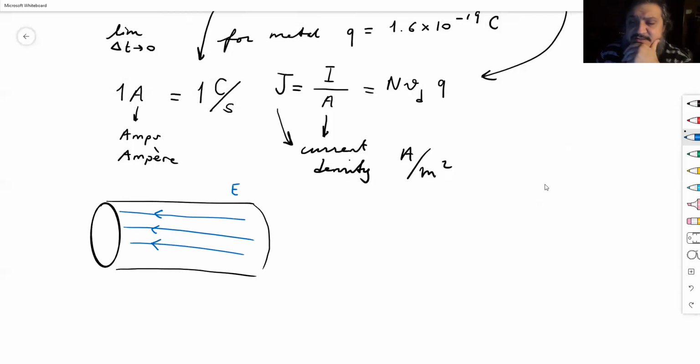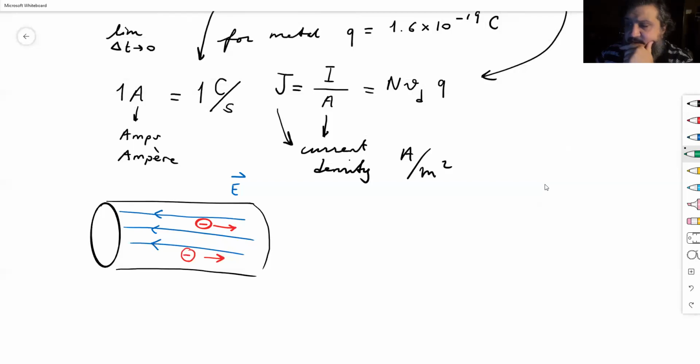Suppose the electric field is to the left, then your electrons, which are negatively charged particles, will move to the right because the force is to the right. So the electrons move to the right while the electric field is to the left. I'm going to call this a right current.